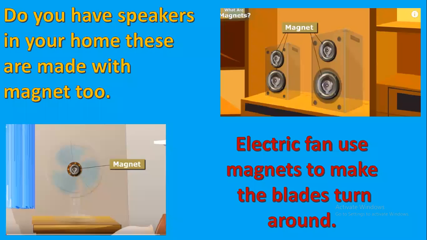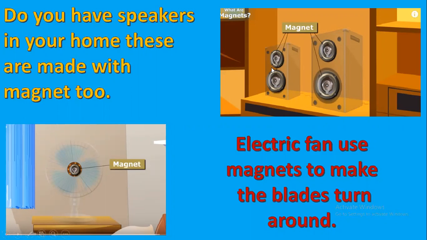Now, children, you might have come across many types of magnets in day-to-day life. Here are some examples. Do you have speakers in your home? These are made with magnets too, very clear from the picture.